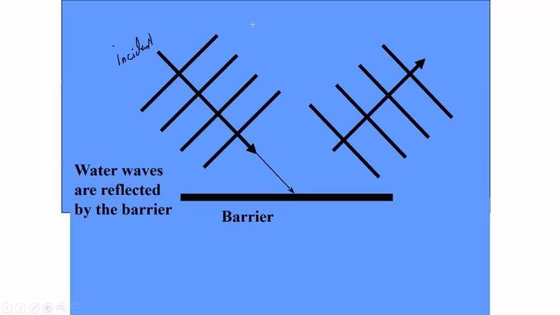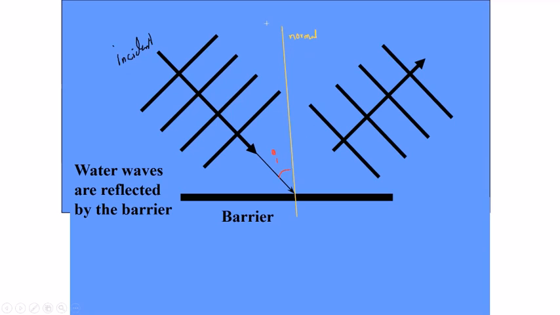If I draw an imaginary line which is perpendicular, or 90 degrees, to the surface, that line is called the normal. The angle between the incident and the normal is known as the angle of incidence.